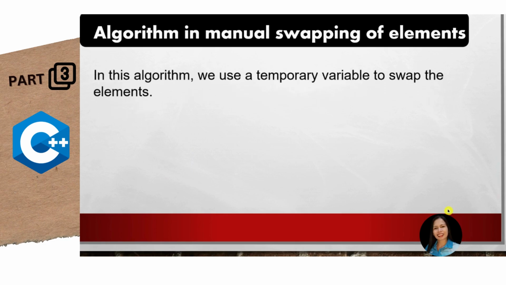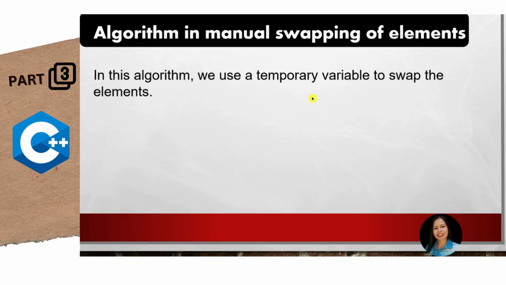In this algorithm, we will create a variable called temporary variable. We're going to create a temporary variable so that we can swap the two elements.